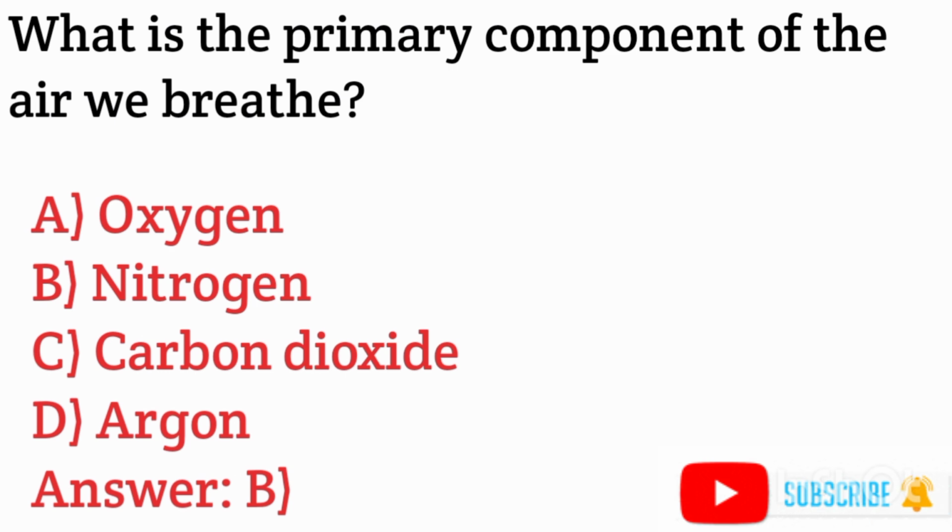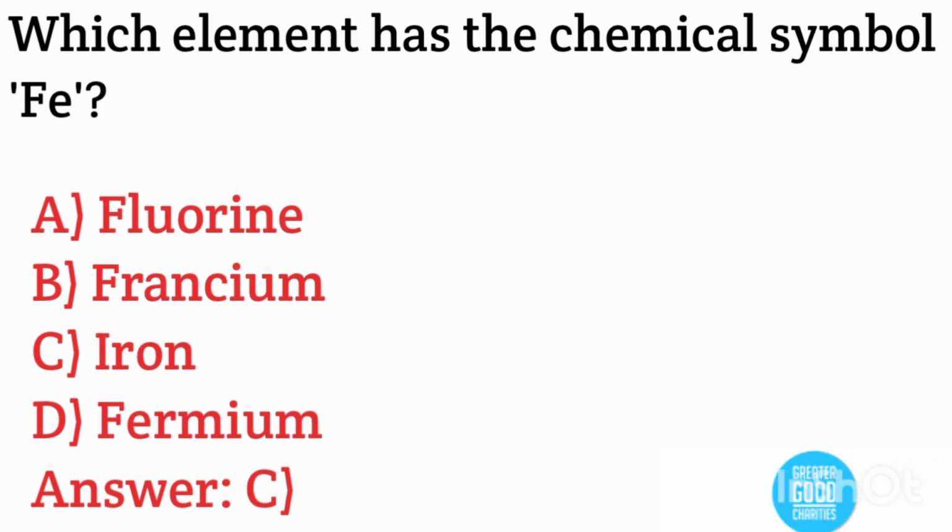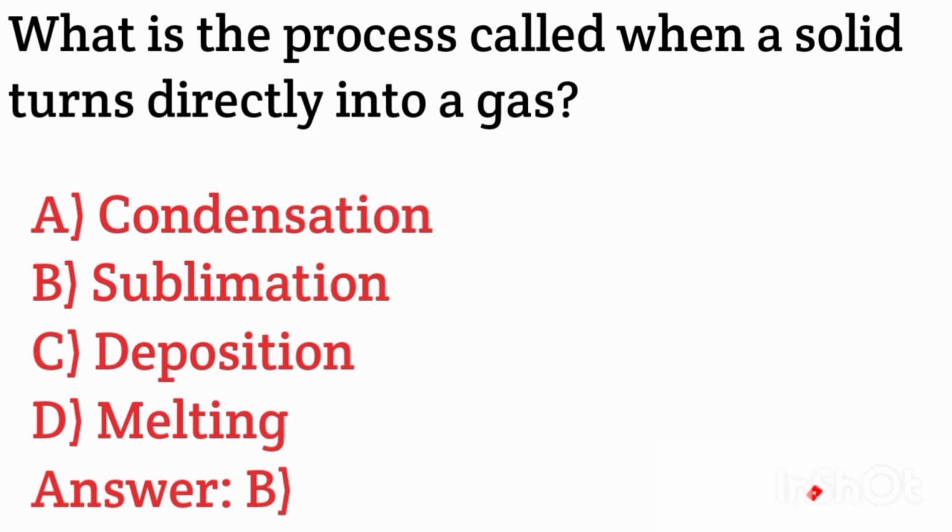The next question is, which element has the chemical symbol Fe? Option number C. What is the process called when a solid turns directly into a gas? Sublimation. Option number B is correct.